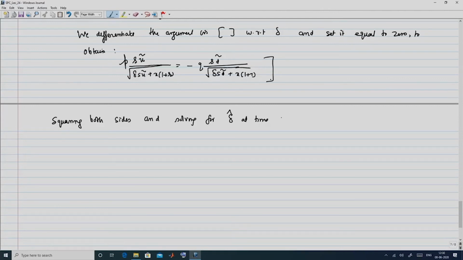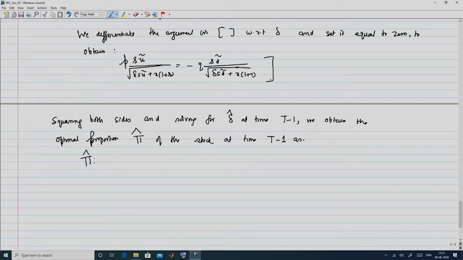We obtain the optimal proportion, which we will denote by pi hat, of the stock at time t minus 1 s. So, what is pi hat? Pi hat is nothing but delta hat into s, that is the total money invested in the stock as a proportion of the money available x.